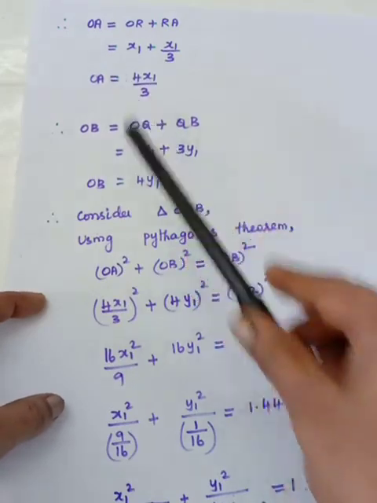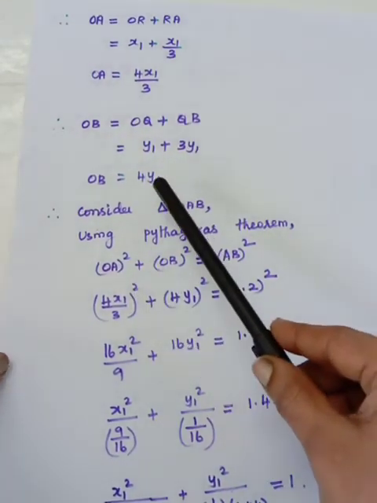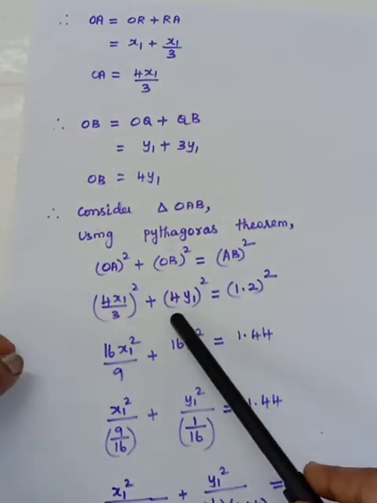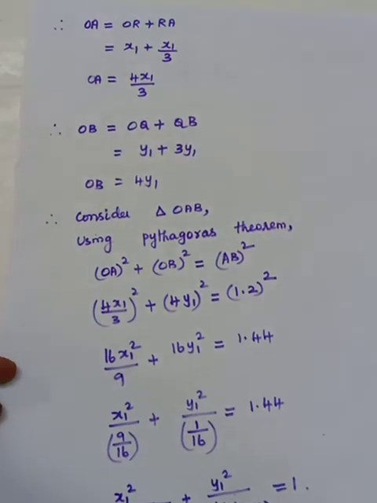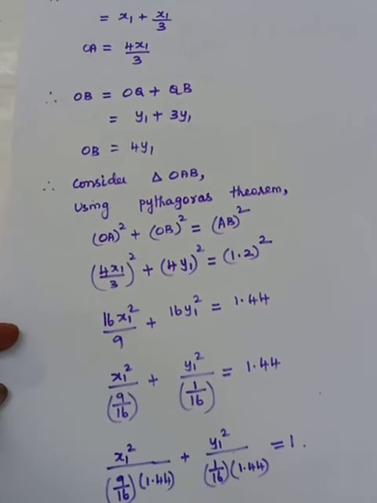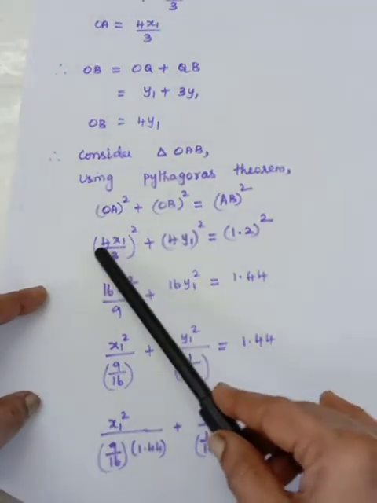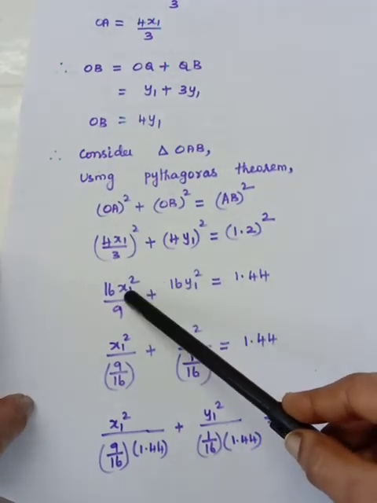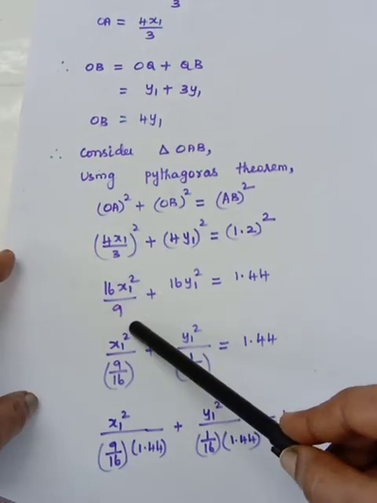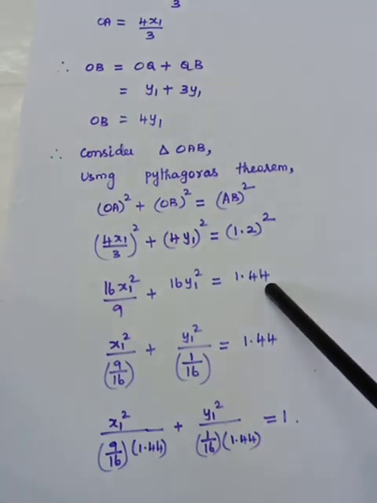It is 4x1 by 3, so 4x1 by 3 the whole square. What is OB? 4y1, so 4y1 the whole square. AB is the rod whose length is 1.2, so 1.2 the whole square. Here 4 squared is 16, x1 squared by 3 squared is 9, plus in the same way 16 y1 squared is equal to 1.44.